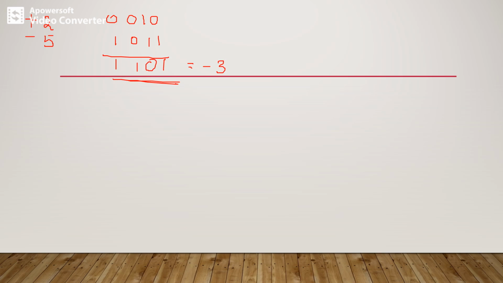There is no overflow. So next I will take +3 and +7. +3 means 0, 0, 1, 1. +7 means 0, 1, 1, 1. So the sum is 1, 0, 1, 0, and the result is -6.